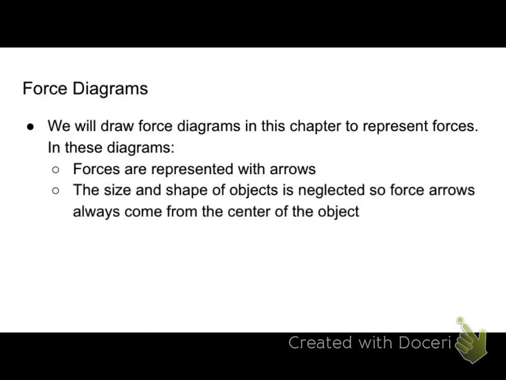The size and shape of the object is neglected, so force arrows are always going to be drawn from the center of the object. So even if you're dealing with a long object like a train, you're going to draw your force arrows, both ones that are acting on it and ones that are coming off of it, from the center of the object. Okay? Even if they hit the engine of the train, you draw it from the center.